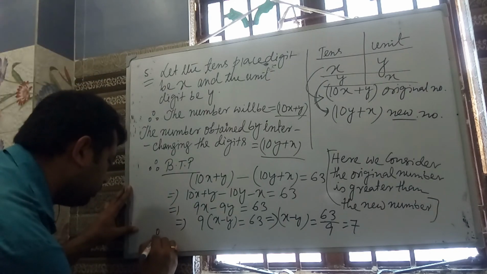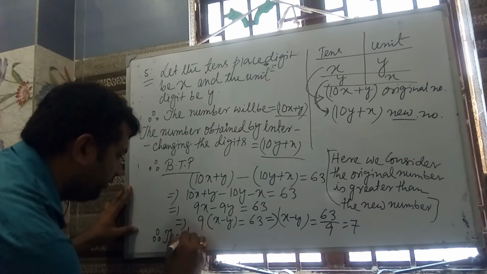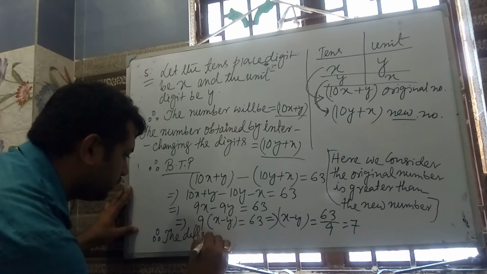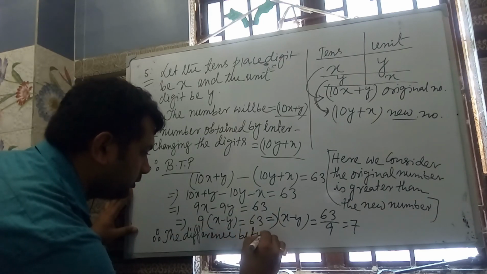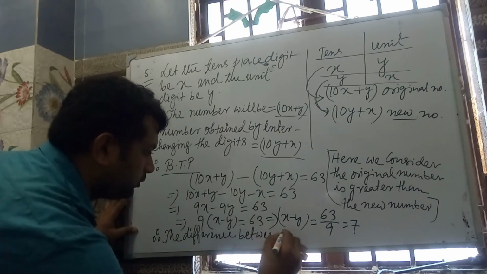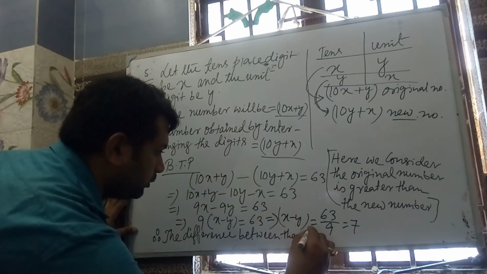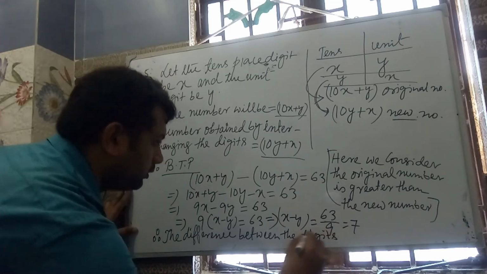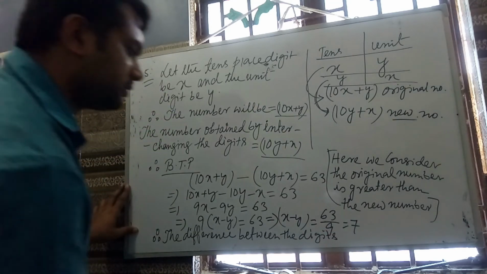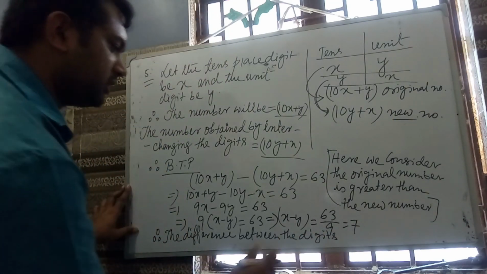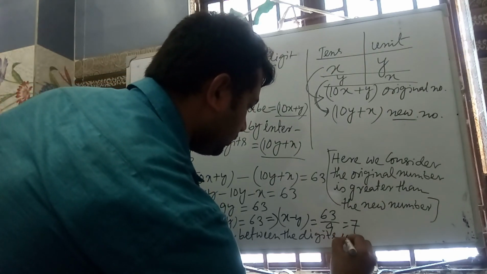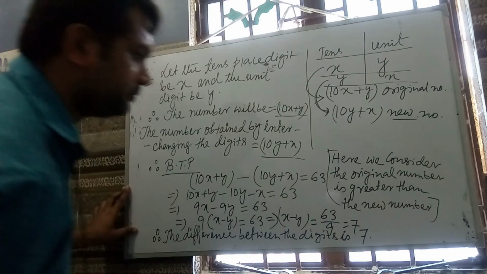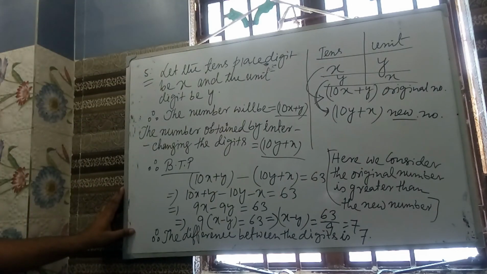Therefore, the difference between the digits is 7. Now is it visible?